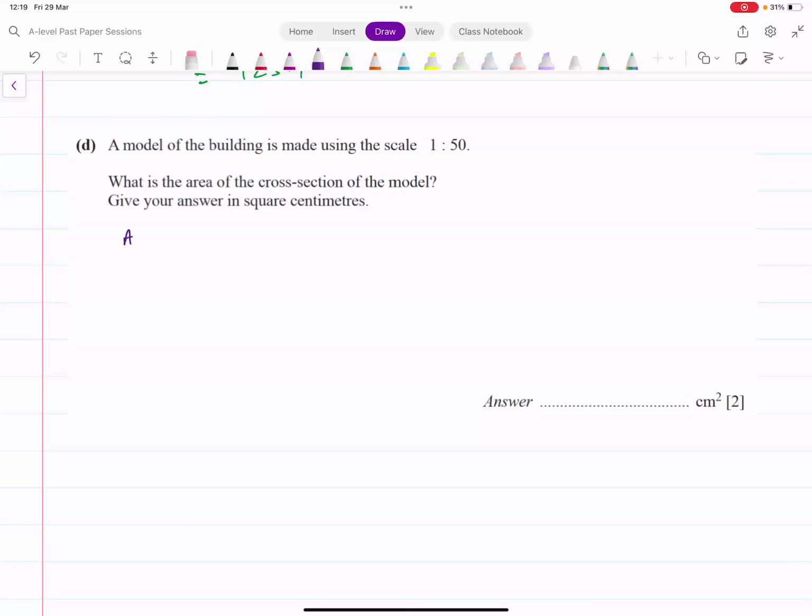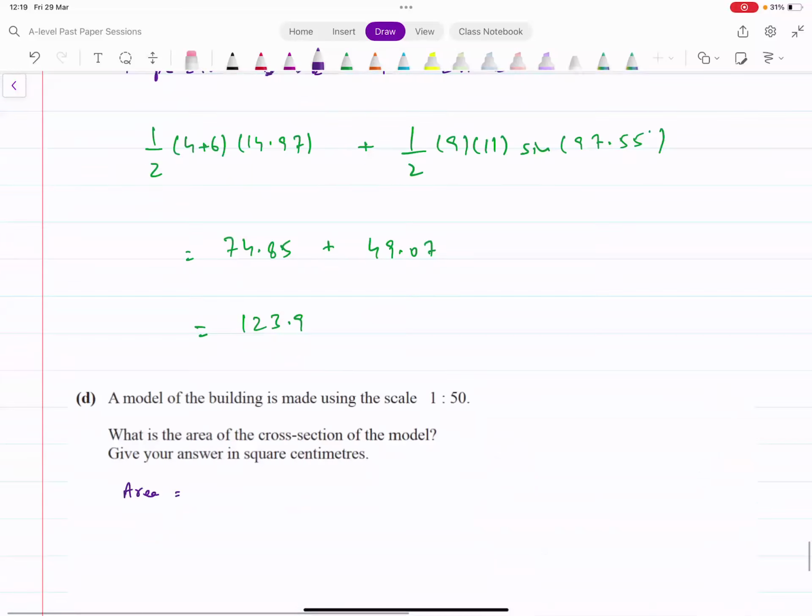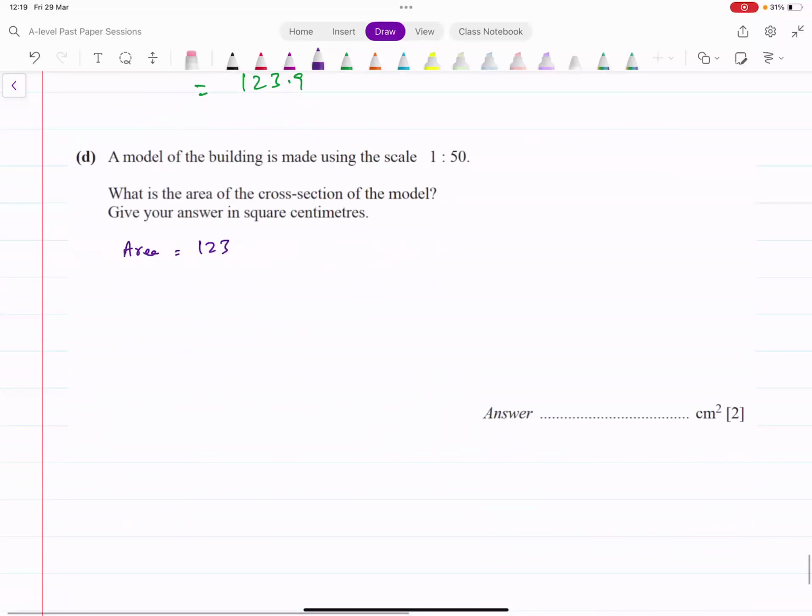What's the area in meters? The area is 123.9 meters squared. Now the scale for the building and model: if the model is 1 meter, the building is 50 meters.